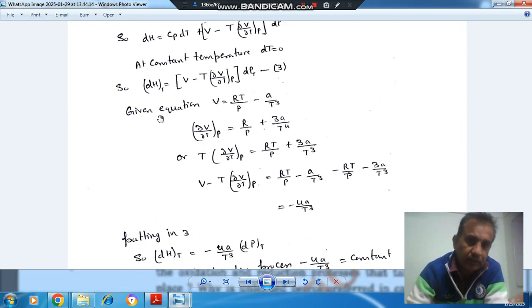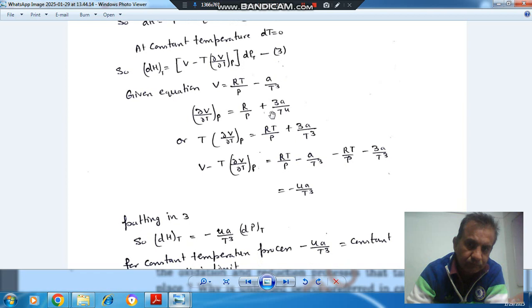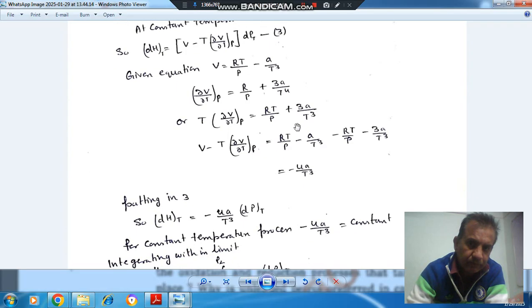Now the given equation is V is equal to RT by P minus A by T cube. So now we need this curl V by curl T at constant pressure. Curl V by curl T at constant pressure, differentiating it, is R by P plus 3A by T4. Now if we multiply it by T, it will be RT by P plus 3A by T cube.